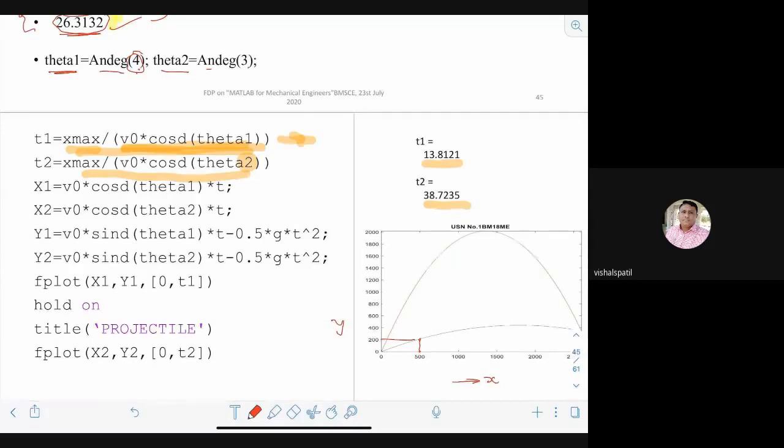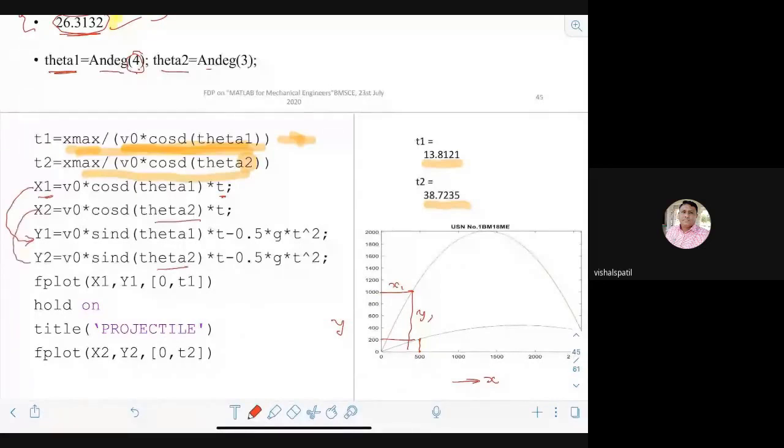As a function of time, at any time t, the distance covered is x1 and the corresponding vertical height of the projectile is y1. So this distance is x1, and this is y1. Like that, various points can be obtained in terms of t. Similarly, you substitute the second angle theta 2, and you get expressions for x2 and y2.